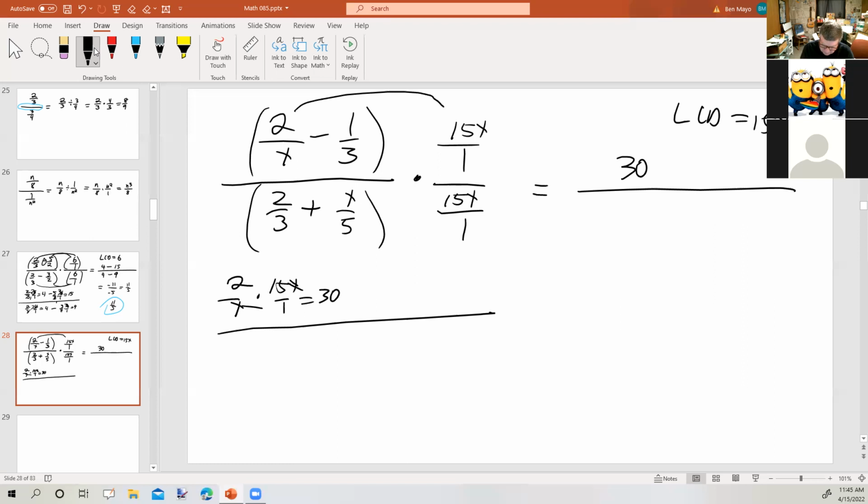Minus 1/3 times 15x over 1, which is going to be 5x.